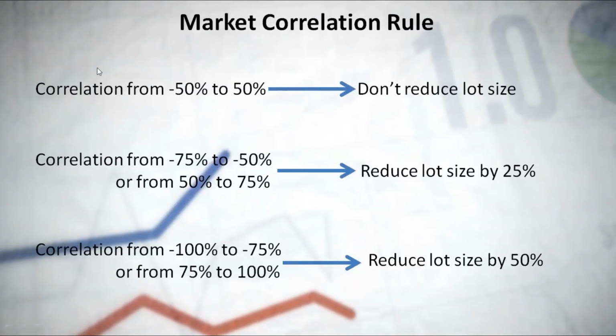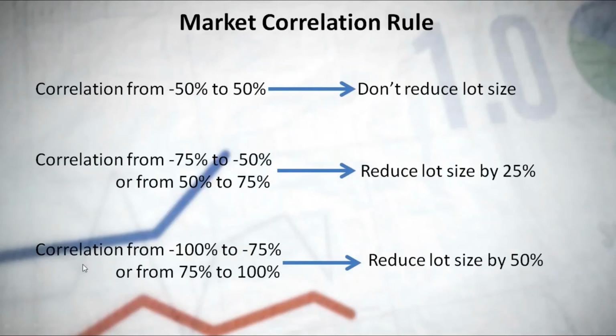So if the correlation is between minus 50% and 50%, we don't reduce the lot size of the strategy that trades these two pairs. If the correlation is from minus 75% to minus 50% or from 50% to plus 75%, then we reduce the lot size of the strategy by 25%.